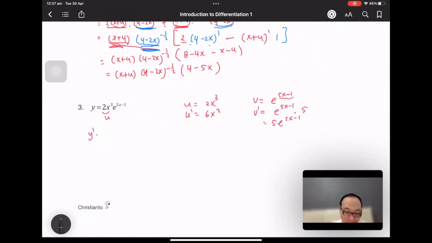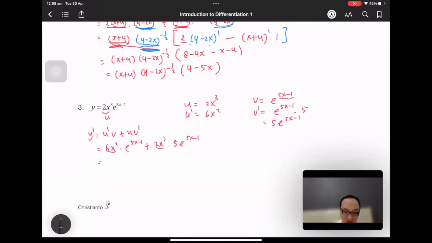So y prime is u prime v plus u v prime. U prime is 6x squared times v, e to the power of 5x minus 1, plus u v prime, 2x cubed times 5e to the power of 5x minus 1.